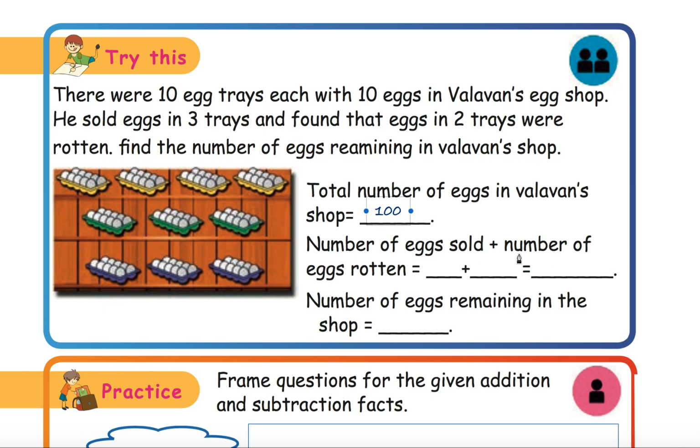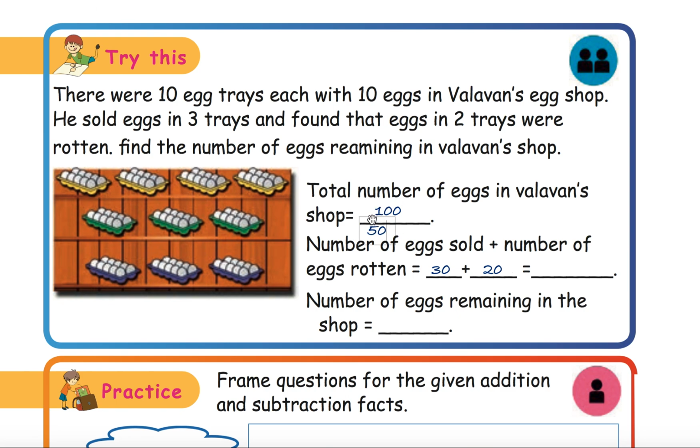Number of eggs sold plus number of eggs rotten. Number of eggs sold, 3 trays means 30. Yes, rotten. How many trays are rotten? 2 trays. That means 20. So what is the total number of eggs sold plus rotten? 30 plus 20, 50.